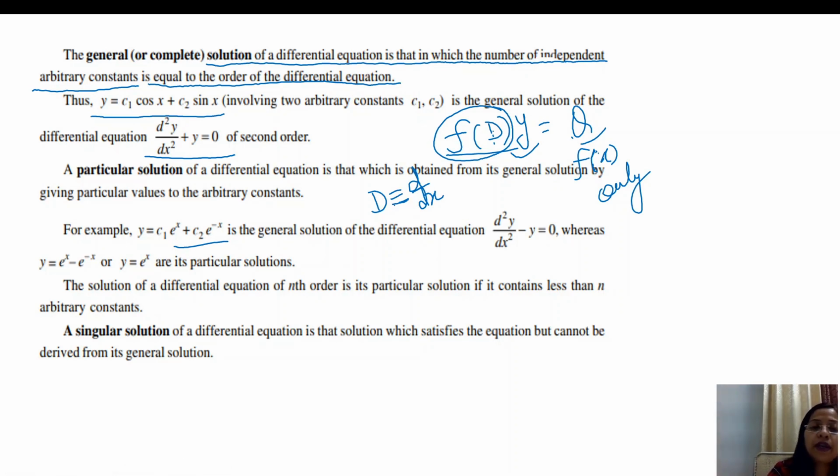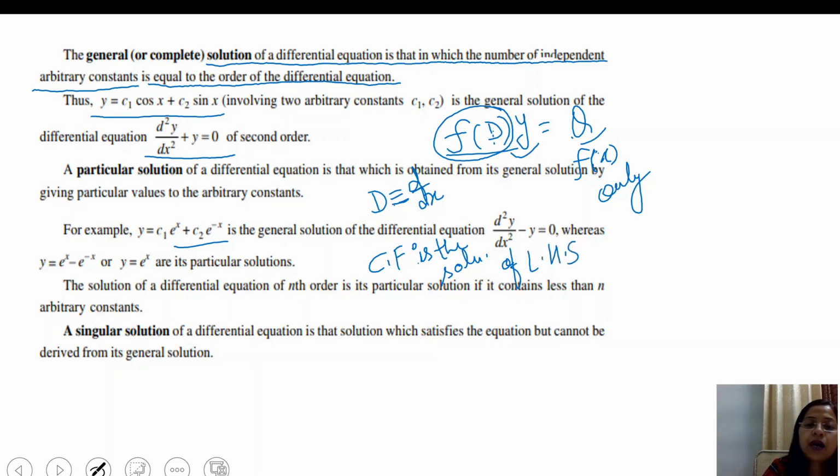The complementary function is the solution of the left hand side part, and the particular integral is the solution of the right hand side part. Understood?